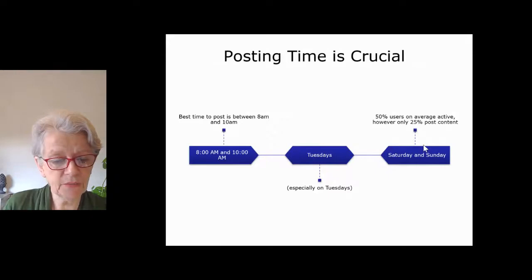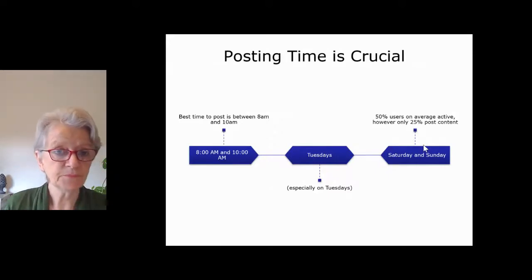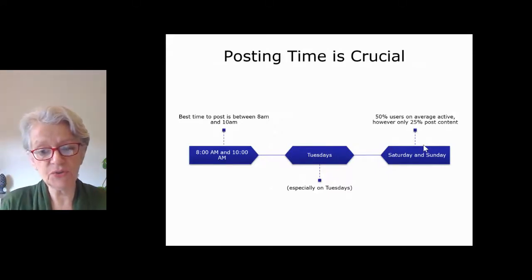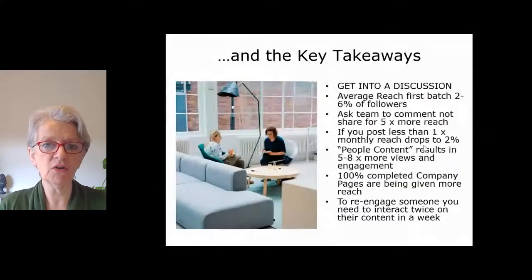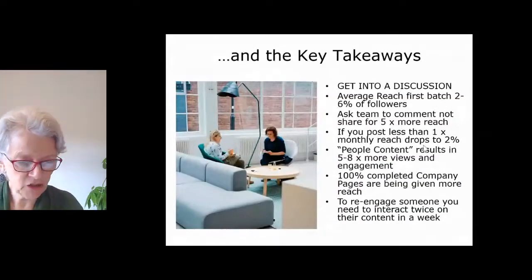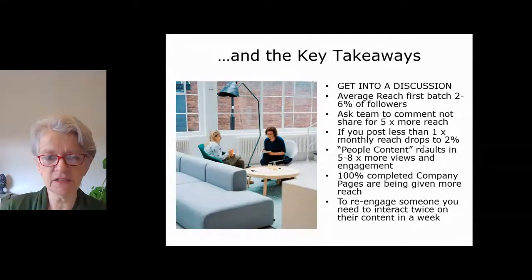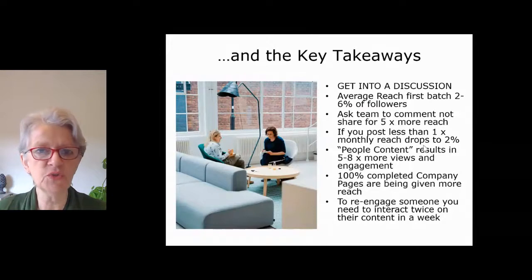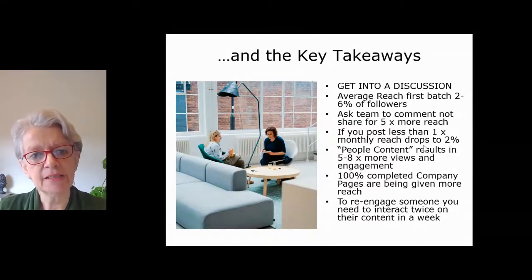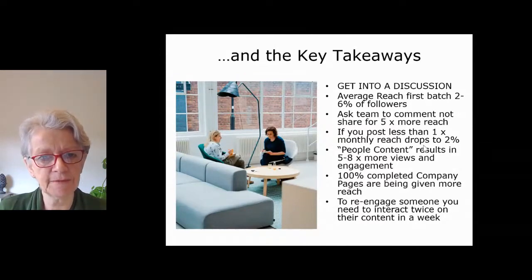So, key takeaways from this session: get into a discussion. That is just by far the most powerful thing you can do on LinkedIn. Create content, create posts, create articles, but LinkedIn's algorithms want you to get into a discussion and to keep that discussion going.